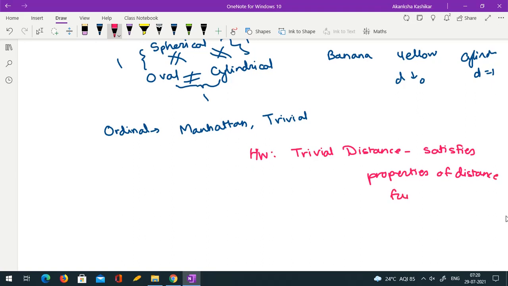Checking whether a certain function satisfies the properties of a distance function. You have done such examples in 101, right? Examining if a given function is a distance function or not. So that is the homework. Examine if the trivial distance function is a proper distance function or not.